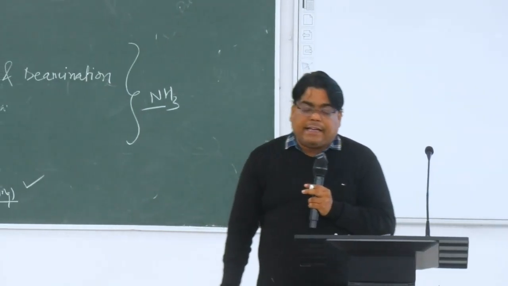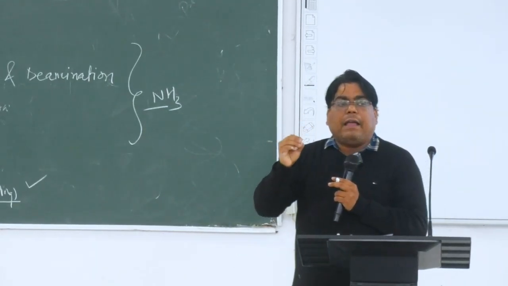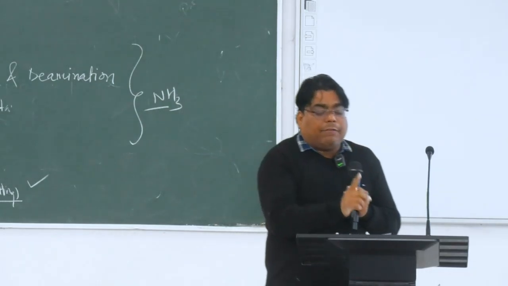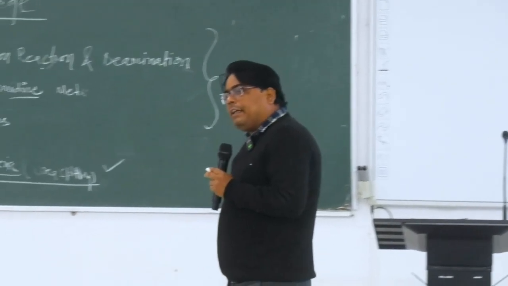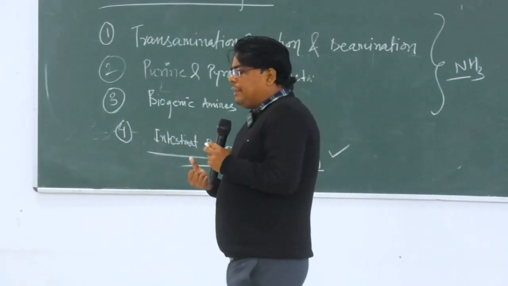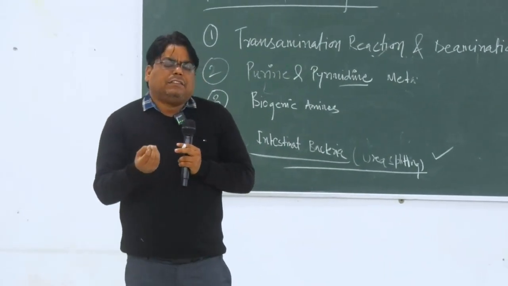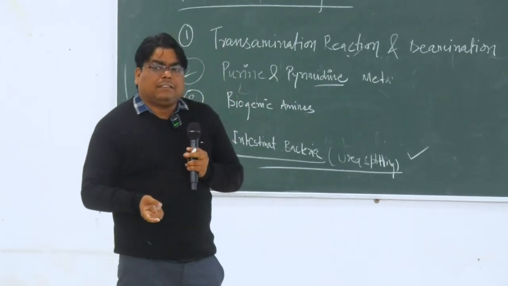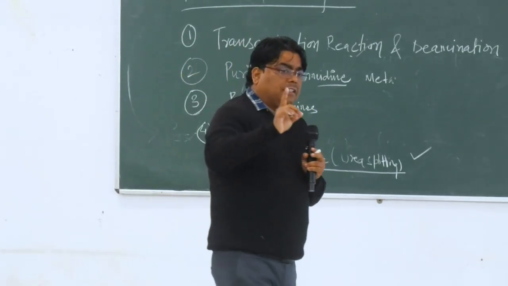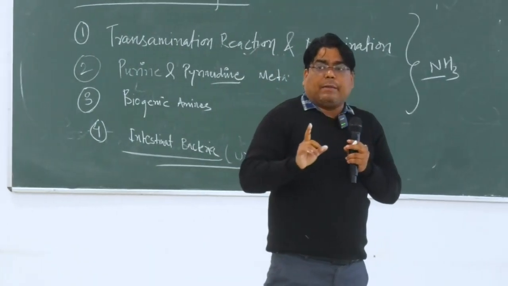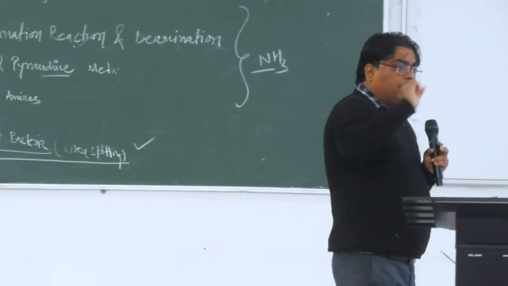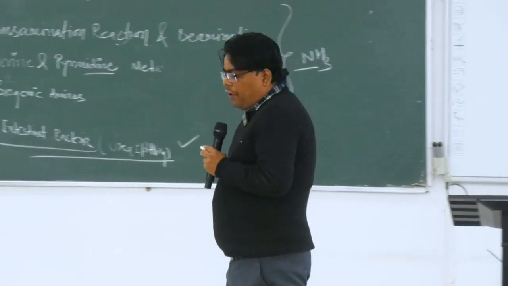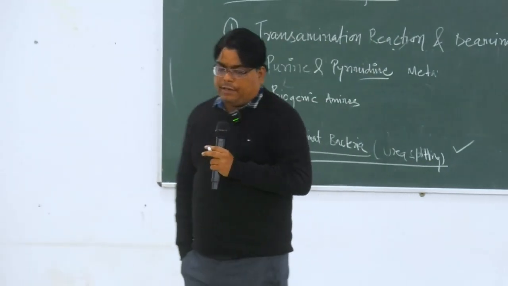Transamination reaction is the reaction in which the alpha amino group is enzymatically transferred. Why do we call it enzymatic transfer? Because in these reactions vitamin B6 is required. Madam, please tell me the chemical name of vitamin B6. If you are not sincere in the class, how will you gain it?